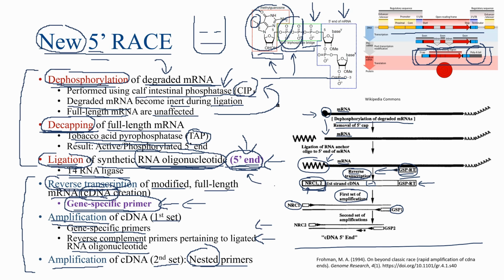And here I want to point out a flaw in this figure in the sense that you have this primer labeled as NRC1, and you also have this oligonucleotide, which is the reverse transcribed RNA oligonucleotide. Here it's made of DNA since it's been reverse transcribed, also labeled as NRC1 and 2.